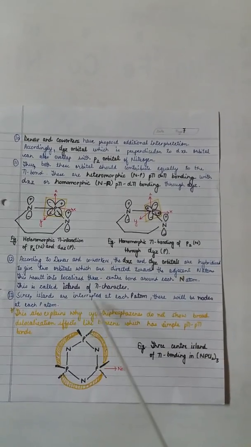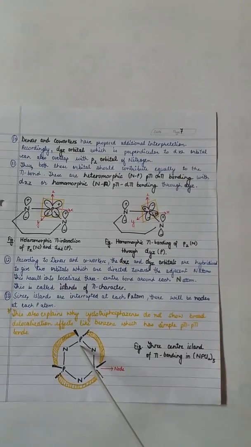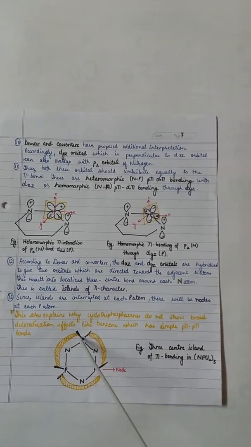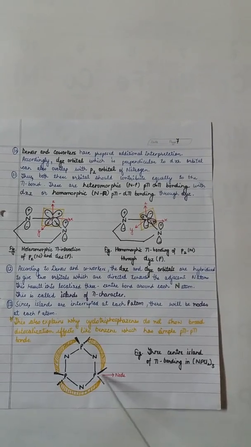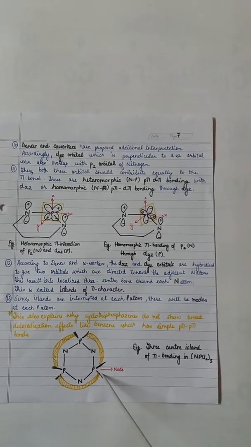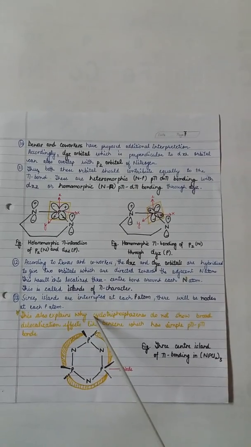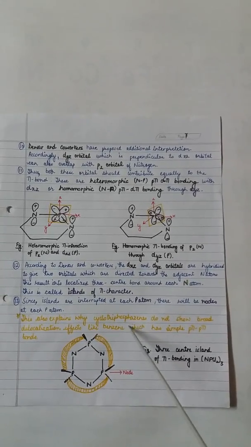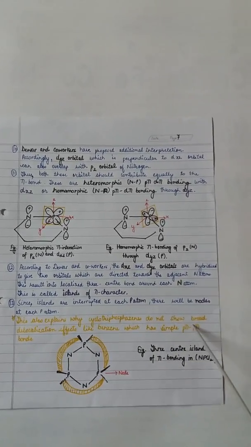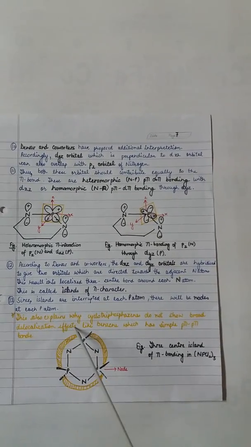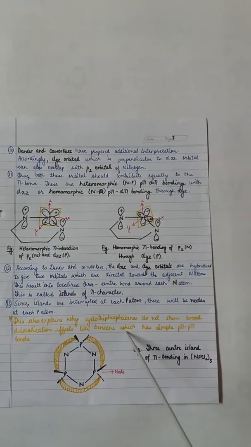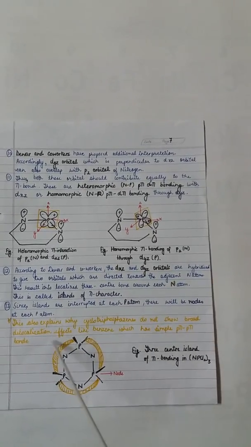Since these islands are interrupted at each phosphorus atom, these locations are known as nodes, where the islands are interrupted. This also explains why the cyclotriphosphazenes do not show the broad delocalization effects like that of benzene, which has simple p pi bonds.